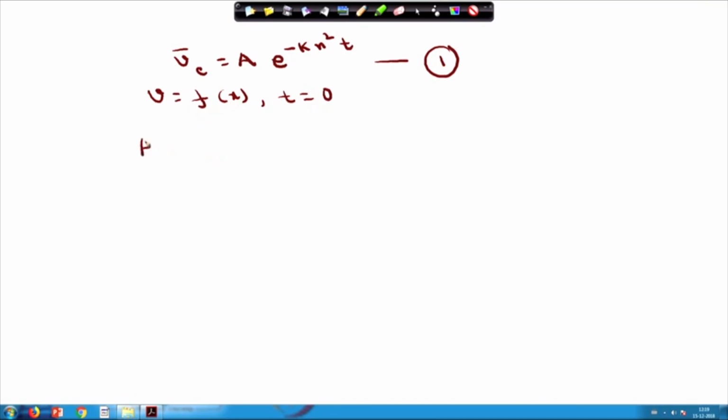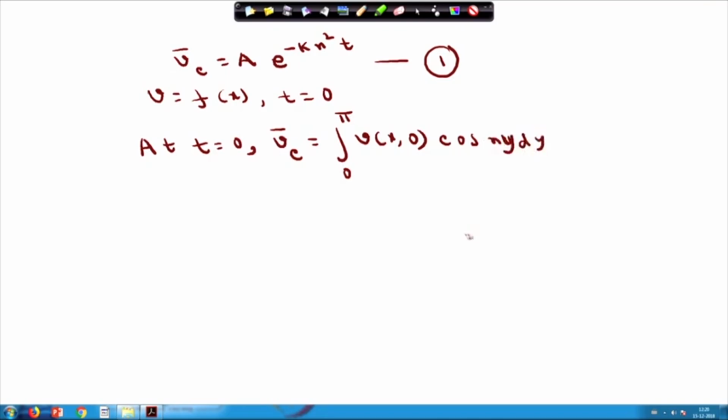So, therefore, I have to find out what V bar c is at t equals 0. At t equals 0, V bar c from the definition is V of x 0 into cos of n y dy, or anything you can use.